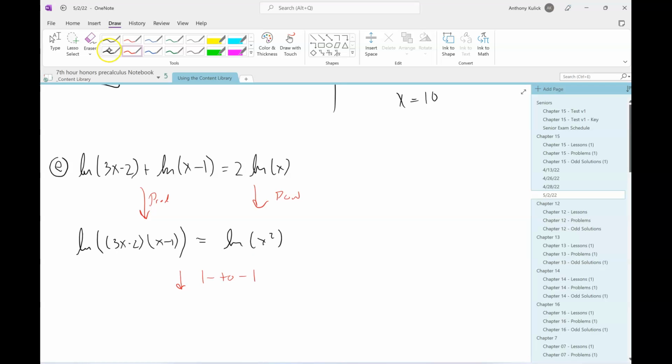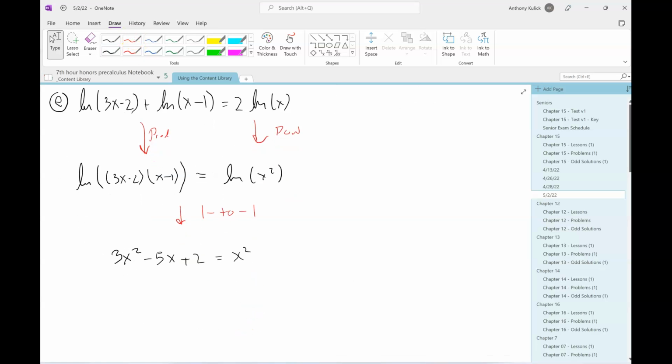What's that mean that I can do? Yeah, you can just drop the logs out of there. I'm going to FOIL at the same time. Luke, whether you FOIL first and then drop the logs, or drop the logs and then FOIL, or do both at the same time, eventually we're going to need to do that for sure. When you do it is flexible.